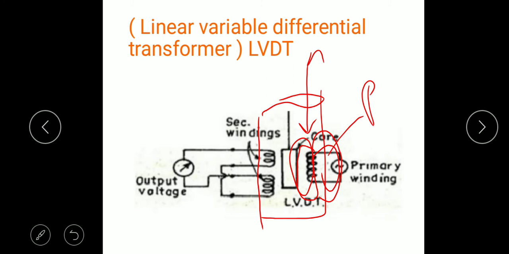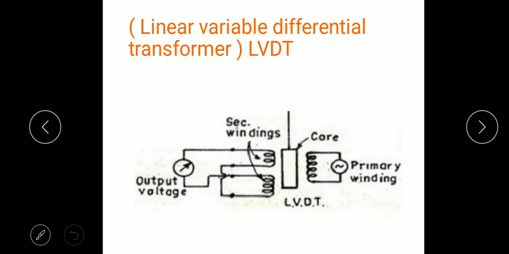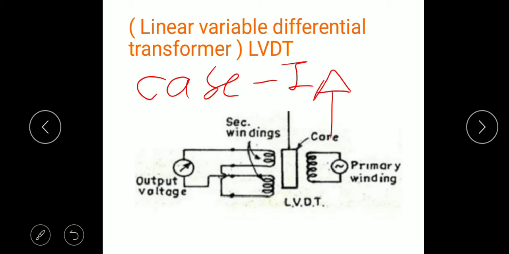Now here are S1 and S2, two secondary windings. Under case 1 we will consider the core is moving up. At the initial stage the core is at the middle position.